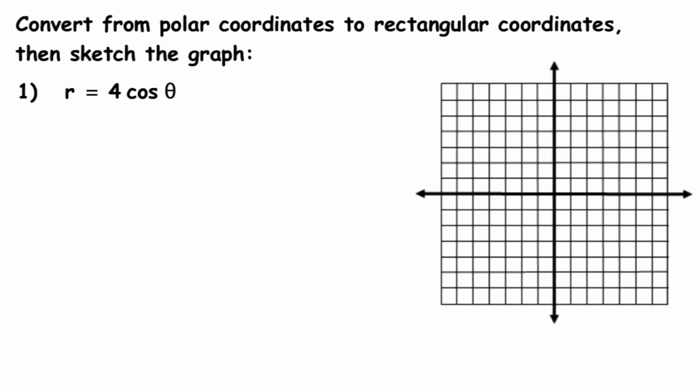All right, we're going to try a couple pre-calc examples before we get into the calculus. We want to convert from polar to rectangular coordinates and then sketch the graph. All right, well, first things first. Right now it is in polar. I see this 4 cos theta. I don't know what to do with it, but if I multiply it by r, and I multiply the other side by r, I have 4 r cos theta.